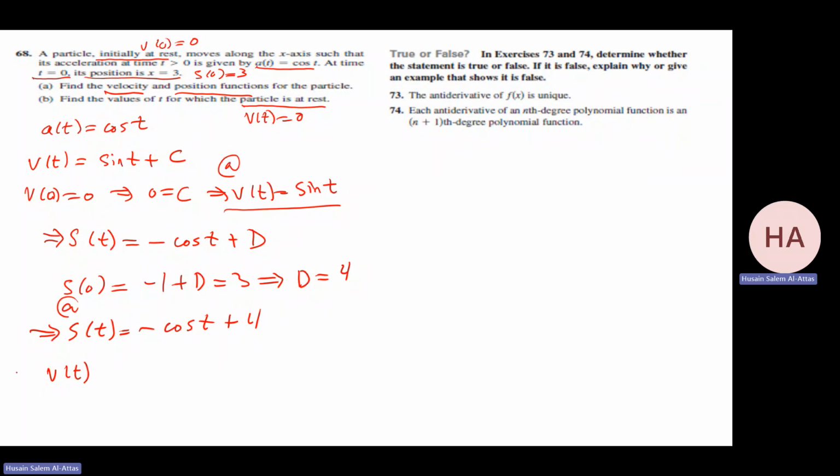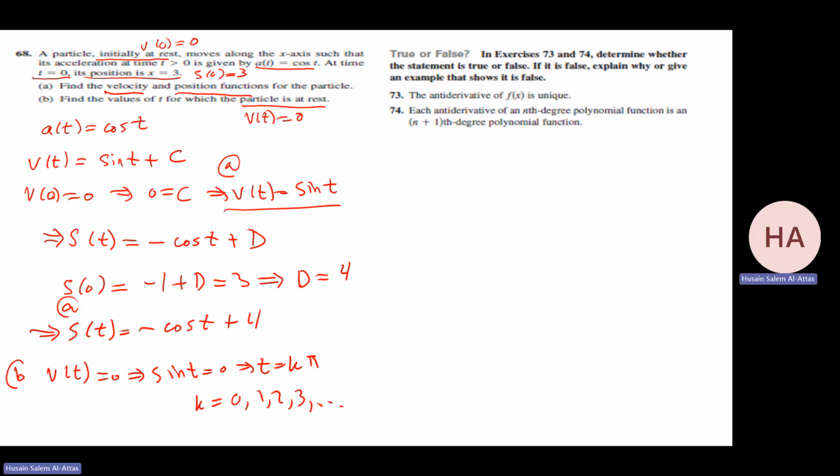Part B: v of t equals 0, so I have sine t equals 0. So t is k pi, where k is 0, plus or minus 1, plus or minus 2, and so on. No, k is positive, because the time cannot be negative. So k is equal to 0, 1, 2, 3, and so on.